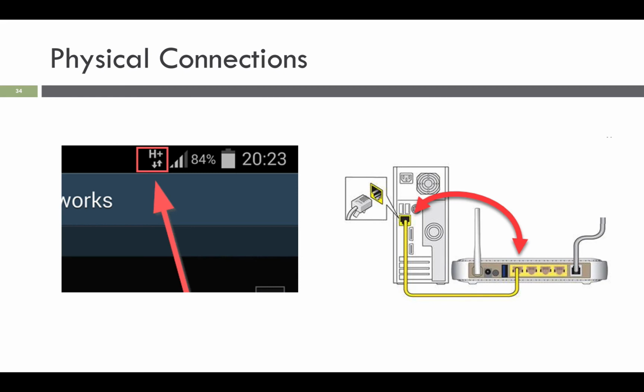If you see the 3G or Wi-Fi symbol on your phone, you know that you have a connection to the cellular system or an access point. Another example is the Ethernet cable that connects your desktop to the modem or router. You can determine that you have a connection by looking at the link light on the device.